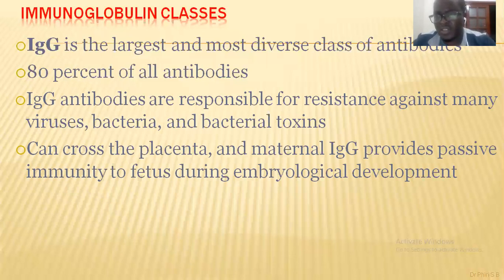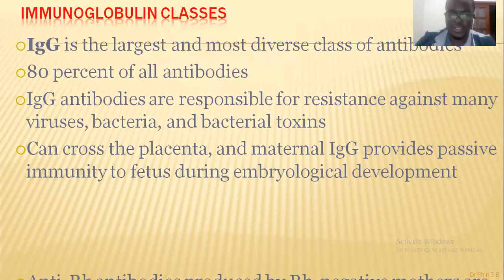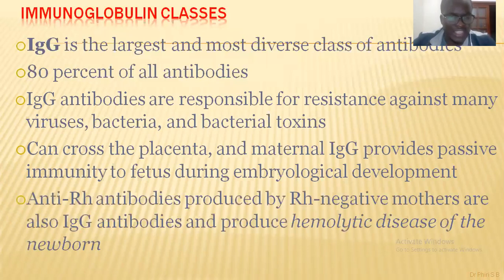So as the embryo is developing, before the fetus starts producing its own antibodies, you find that the maternal IgG is able to cross the placenta to go to the fetus to protect it. So you're talking about passive immunity.